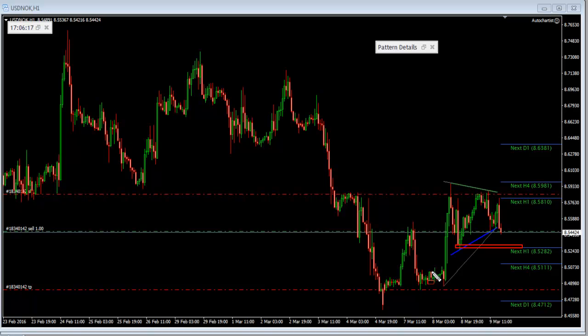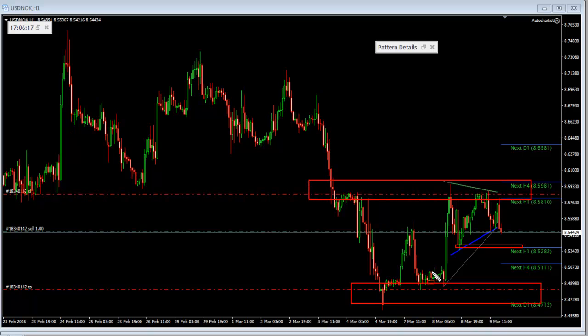That's a good point to start to reduce your risk, take profit, maybe take some off the table. In this situation, because I believe price will want to drive lower to the bottom of this box, to the major support, to this open gap, I'm willing to not just close out here, but that's a good point where in my head I'll say, okay, let's start to reduce our risk.